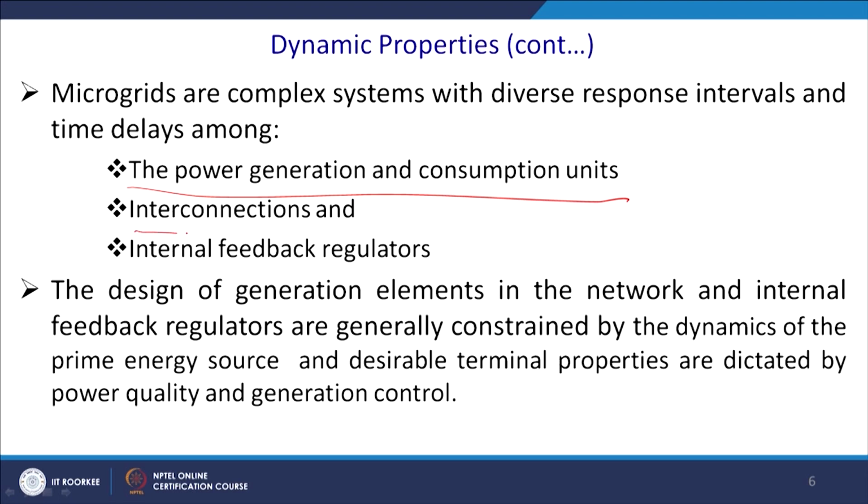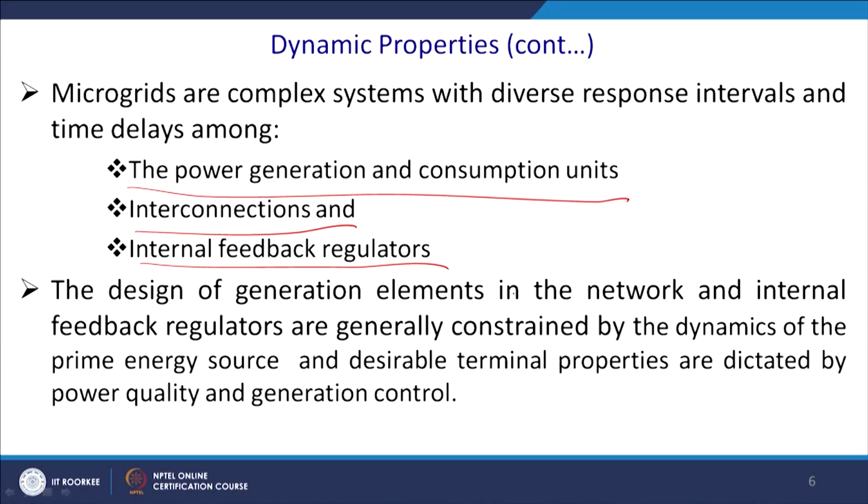There are interconnections between two power generating units, which require coordinated control and internal feedback regulators. So, you have to have feedback, and its fidelity needs to be checked. Whether the sensors give you the right value or not, the fidelity of the sensors needs to be checked regularly, and you need to provide some kind of redundancy.